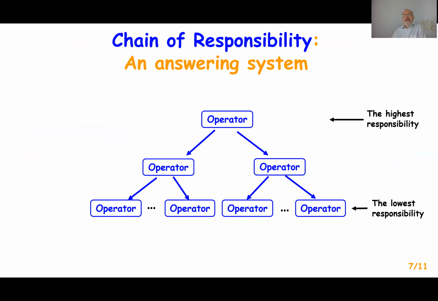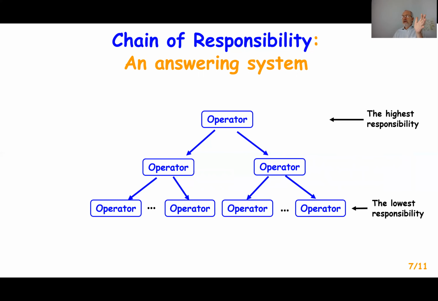Look at this configuration. An answering system, I don't care whether this system is automatic or not. Conceptually, they are organized in a very similar way, whether operators are people or software components. It doesn't matter, actually. So look, there is a hierarchy of operators.